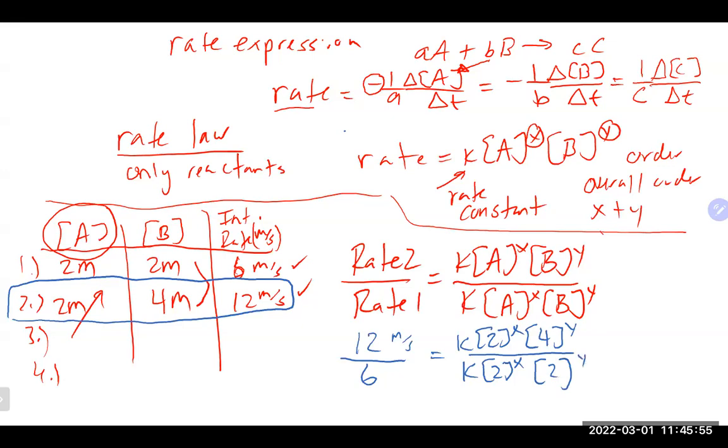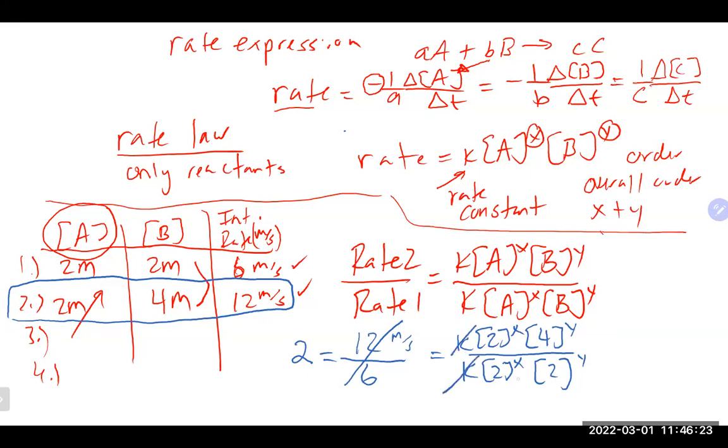At this point, what we have is really one unknown. We could do some math: 12 divided by 6 is 2, right? This is the rate constant on top and bottom. Although I do not know what the rate constant is at this moment, it is a constant value, hence the name rate constant, which means the rate constant on top and on bottom should be the same number, so technically they cancel.